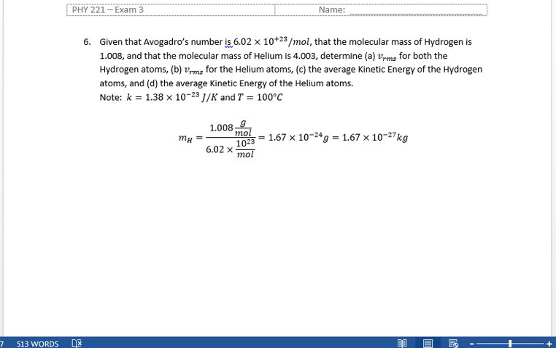Now we want the mass of helium. We're essentially looking at the same thing, grams per mole divided by 6.02 times 10 to the 23rd per mole.